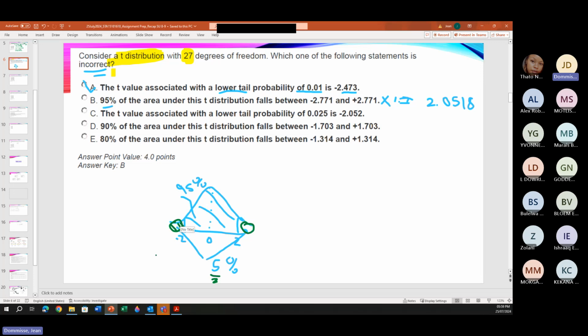Just like the Z graph that has symmetry, we can assume that with a T table as well. So yes, you can assume it is going to be the same.